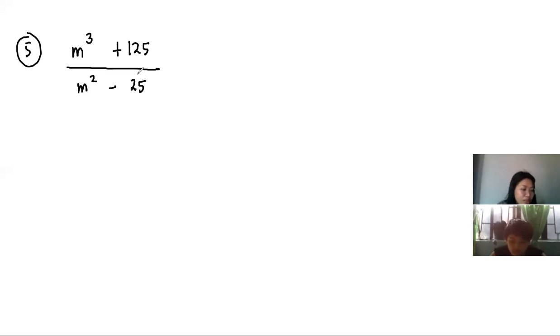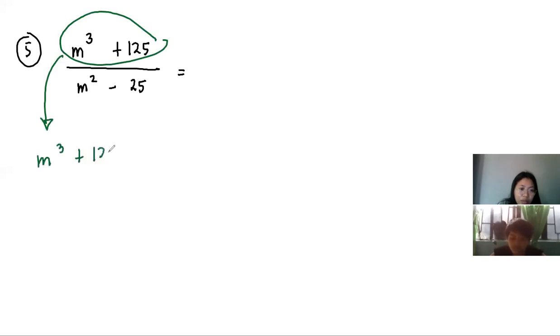This is what you call factoring the binomial and trinomial. Kung natatandaan mo pa to, ito muna tayo. So this one, go down ko lang siya ha. Ito yung solution natin. M cubed plus 125. So what will we do?